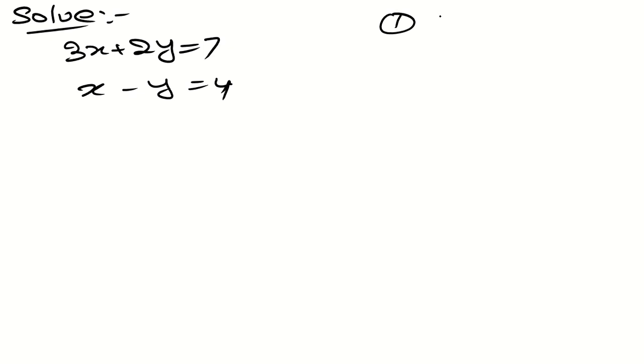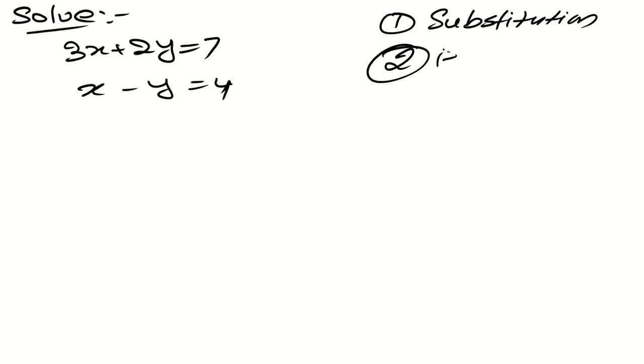One is by substitution. Another method is removing the coefficient, which is called the elimination method.